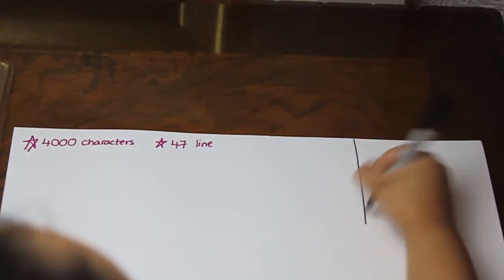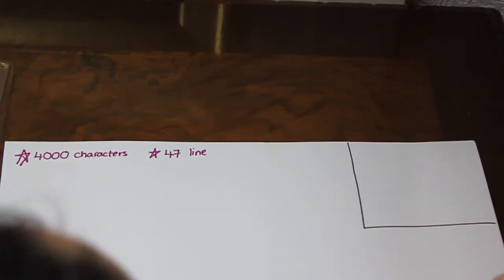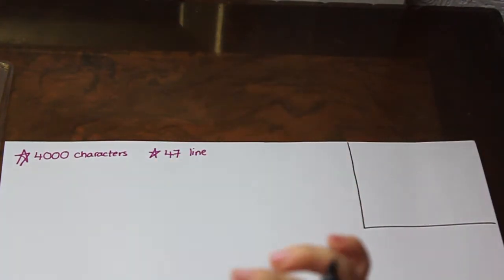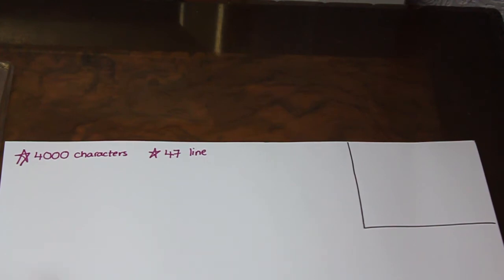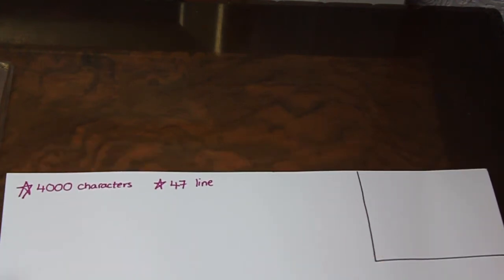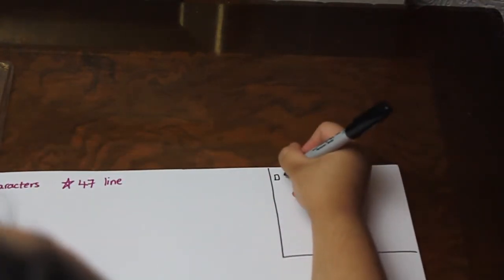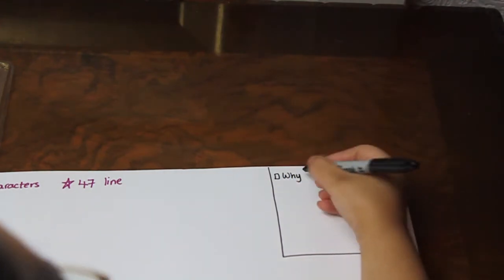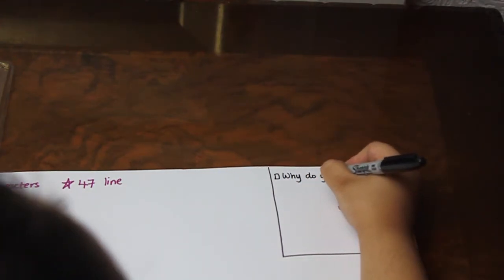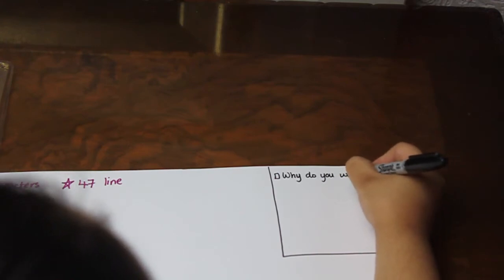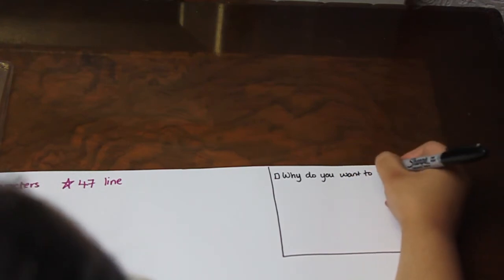Okay, and I'm just going to, in this right hand corner, do a small box, and I'm just going to list structure and just general points and things to consider whilst we're doing this. So the first thing would be, why do you want to study medicine? So have a think about that.